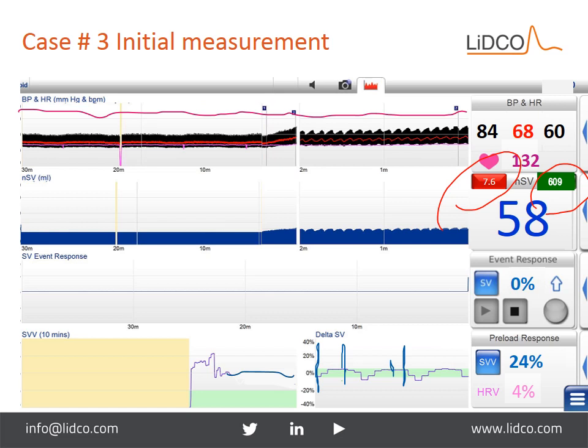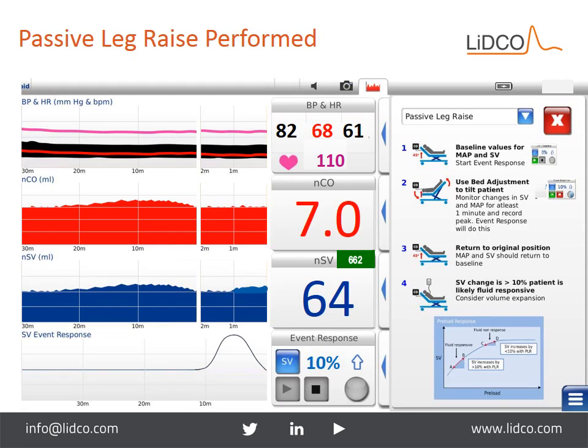Her stroke volume variation is 24%, which indicates what? It indicates if we think she needs fluid, she will in fact respond to fluid by an increased stroke volume. We do a passive leg raise. Why not?